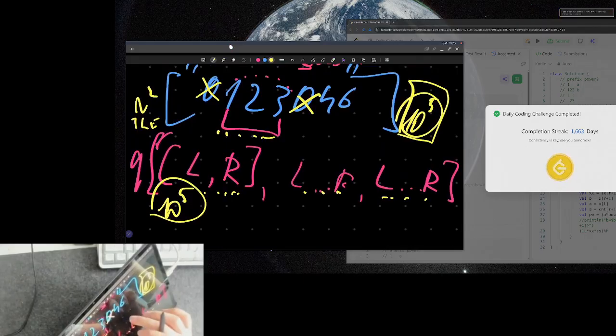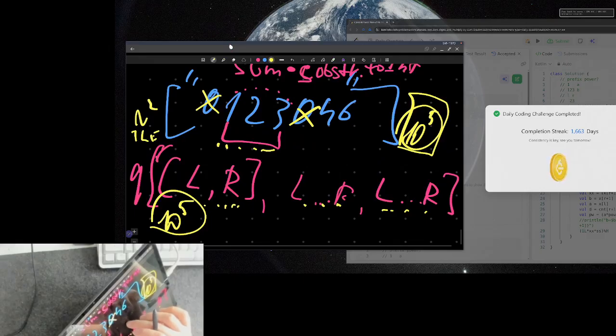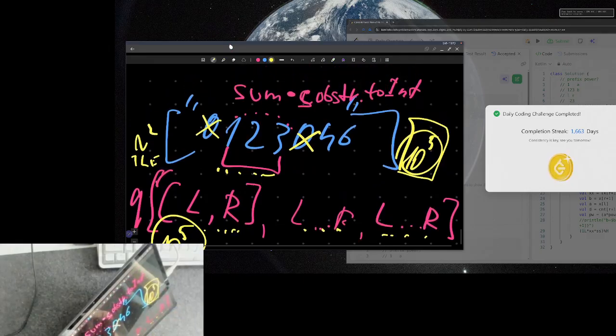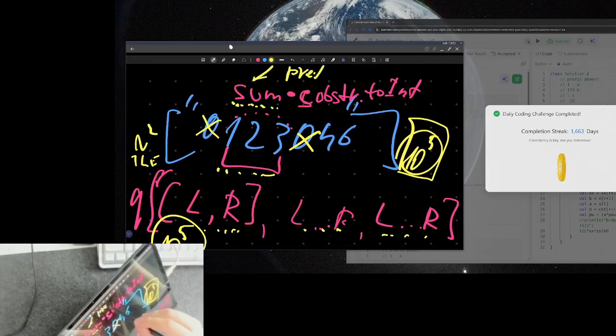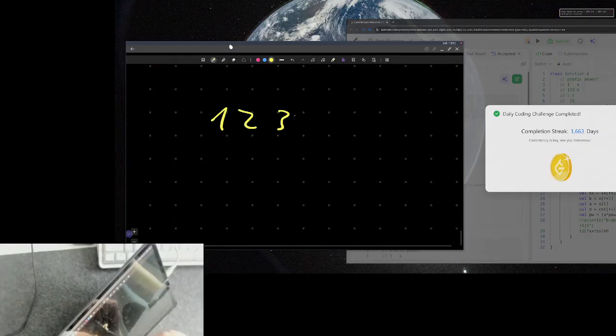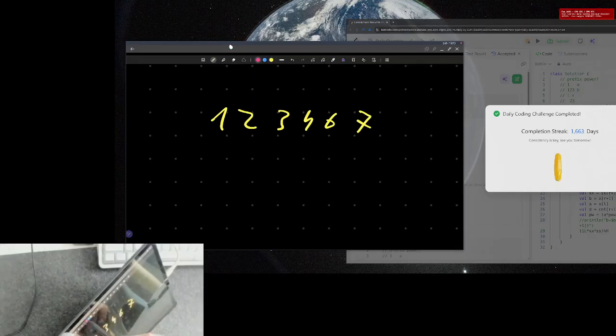The first idea is that as we have this sum, this is simple, we can do prefixes, a prefix sum. Basically we have a long string of digits, and for each we compute the prefix like this: 1 plus 2 is 3, 3 plus 3 is 6, 10, 16, and so on.